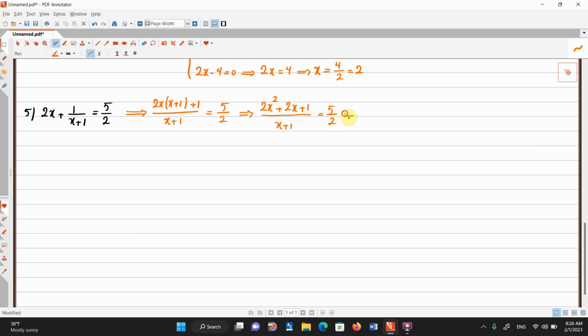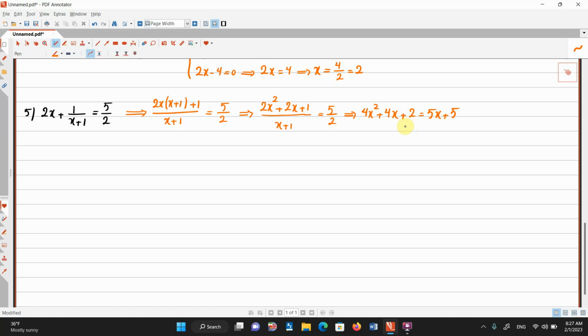No need for more simplification, we should just do a cross multiplication. If you do a cross multiplication, you can have 4x squared plus 4x plus 2 equals 5x plus 5.